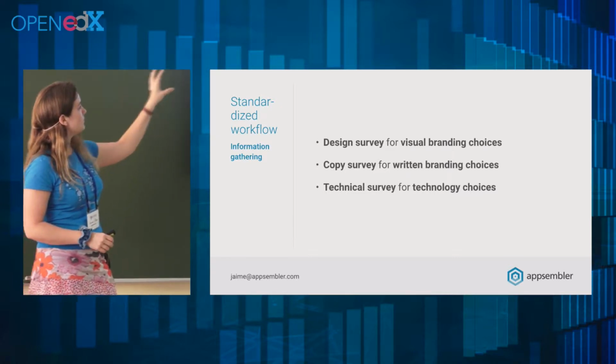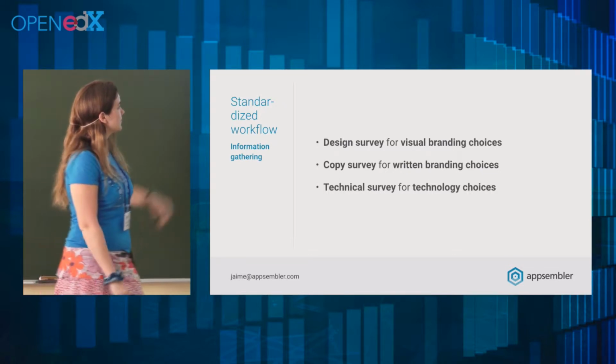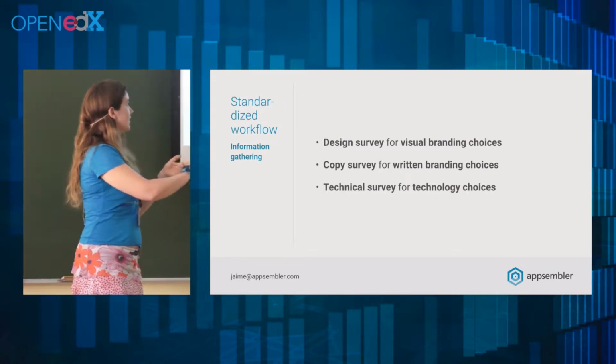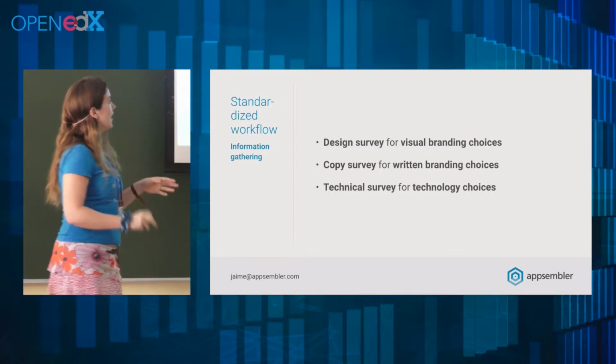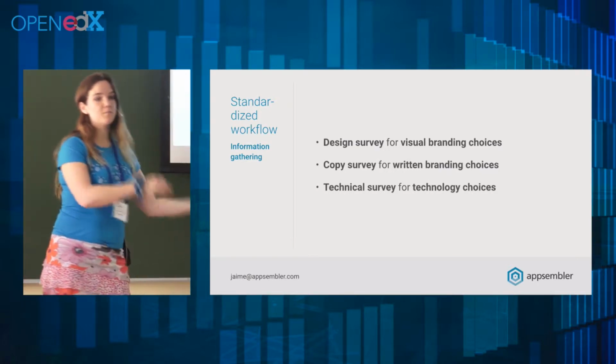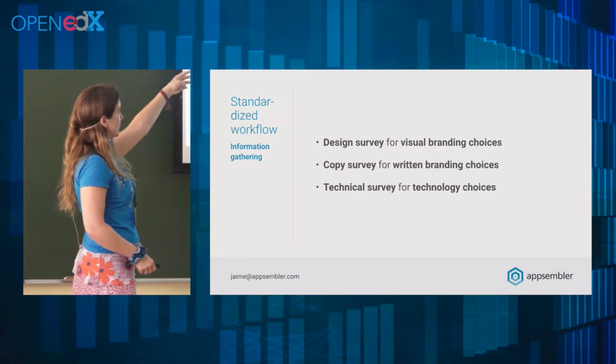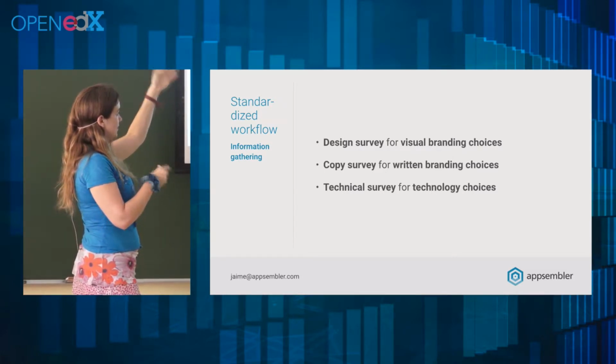So we have a standard design survey for visual branding choices. These are 3 main categories: design survey, copy survey, technical survey. And we ask our clients to hand it off to the appropriate team member for that, bring it back to us, get it to us soon. So once we get these 3 things, we launch the app.